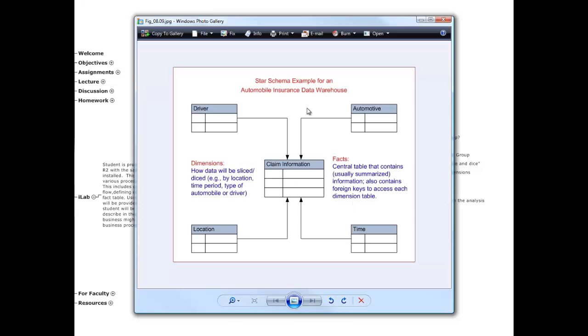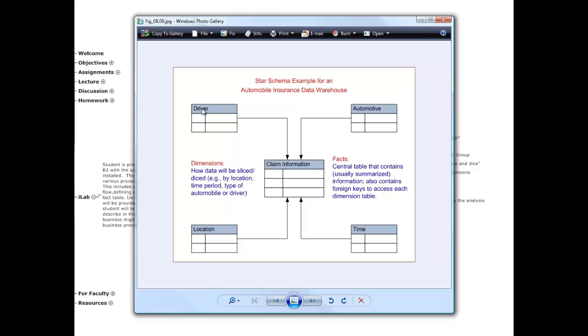Here, this is an example for an automobile insurance data warehouse. And the fact table we're interested in is various kinds of claim information. So each row in this fact table would be about a specific claim. And each of these four dimension tables would be an individual item.